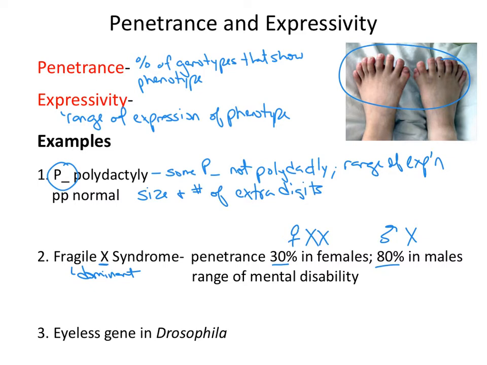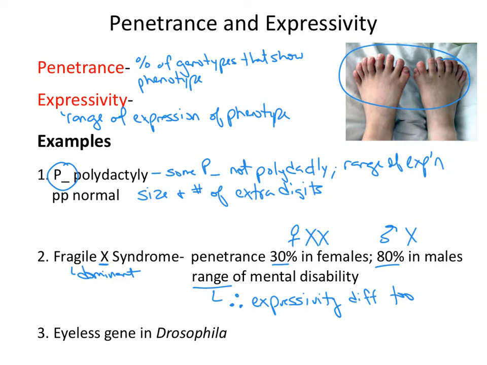Fragile sites don't stain well and cause weak points that cause the X chromosome to break. There's also a range of mental disability, so there are expressivity differences too. Fragile X syndrome has varying penetrance and expressivity.